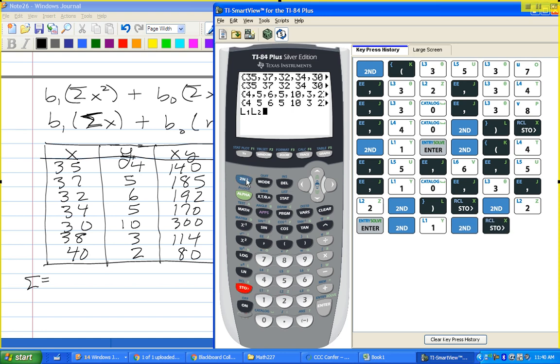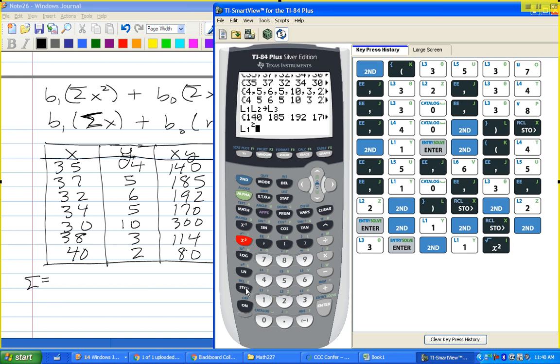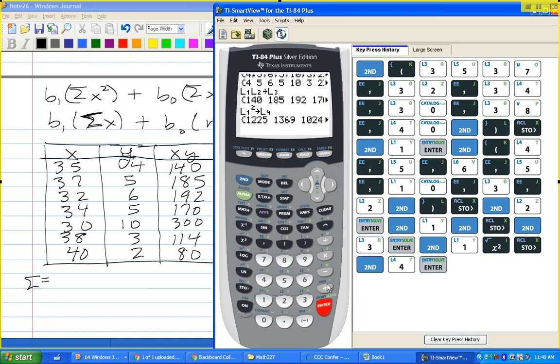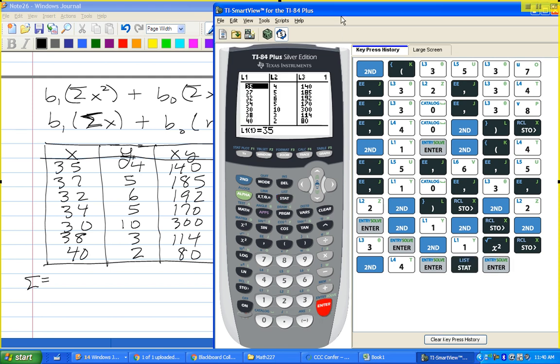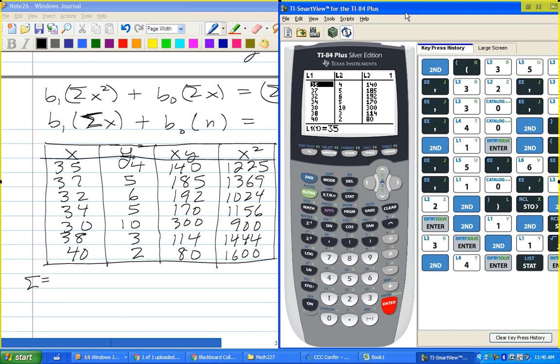Actually, let's do it in L3. And then L1 squared, store that into L4. Okay. And then you view your data and you go, voila, here it is.